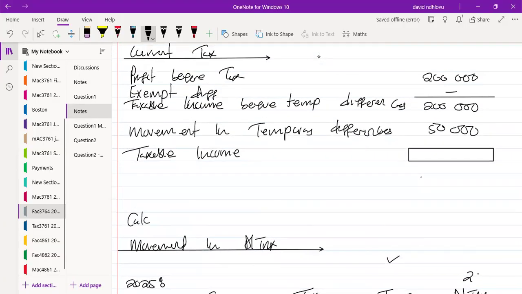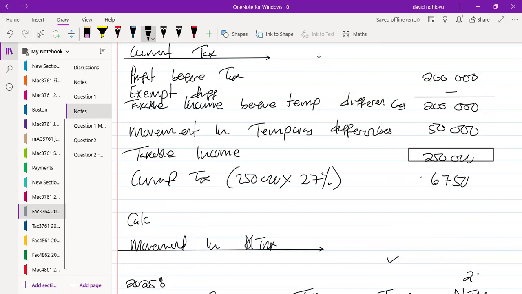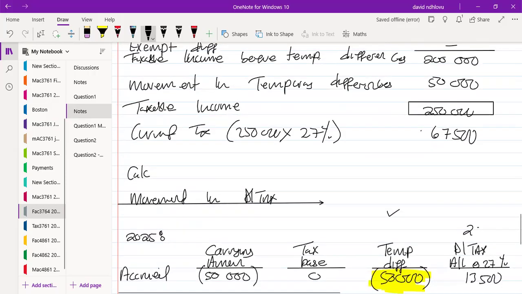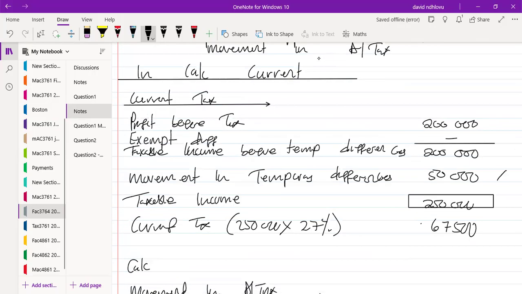When you bring it here, you are going to add it, and it will give you 250,000. And you can calculate current tax: 250,000 multiplied by 27% gives you 67,500. If this amount had been a positive amount, when you transfer it to this particular slot, you would deduct it.